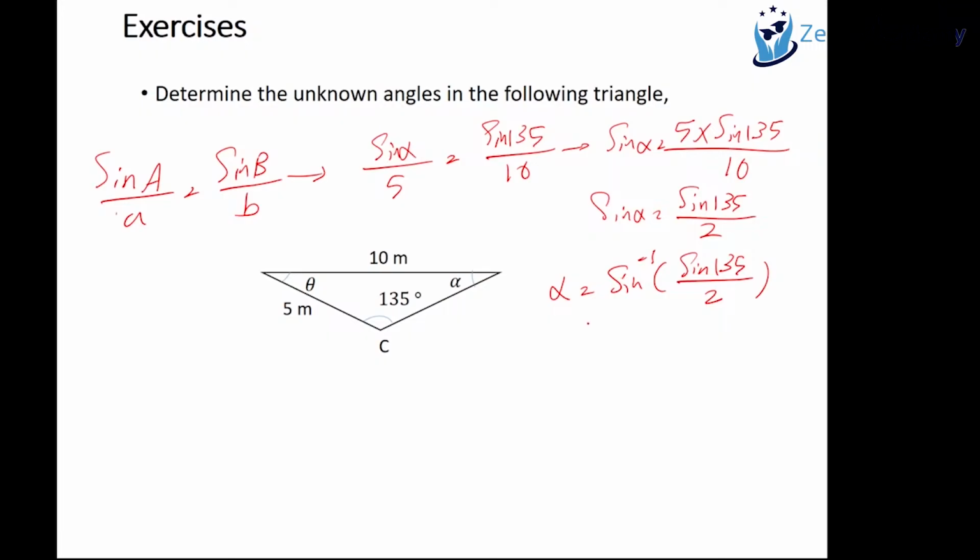So if you put this in your calculators, how much is it? Can you put this in your calculators? Tell me. Again, your output could be degree, could be radian, right? Let's go with degree here.